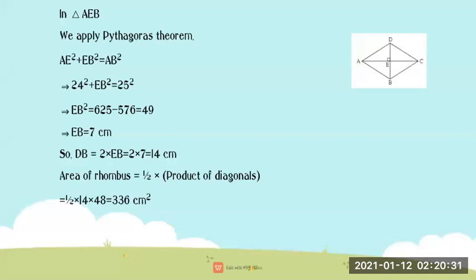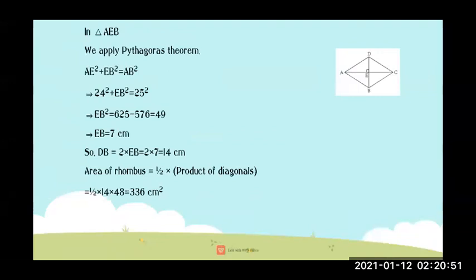Okay, now as we get another diagonal also, we got 24 centimeter. Now next we are going to take one triangle because they asked for the area of a quadrilateral. So we will take this triangle. You can see the figure. I just make a bigger one.